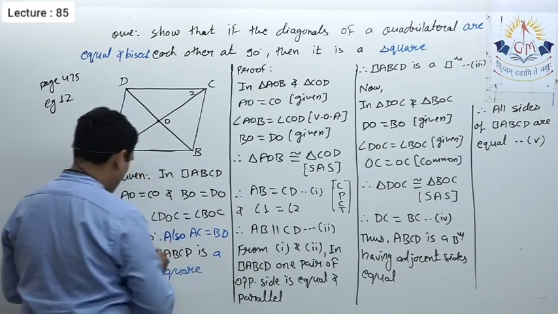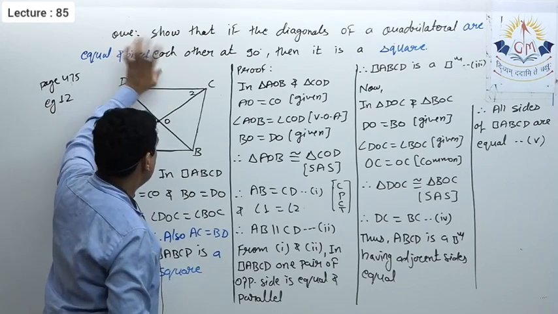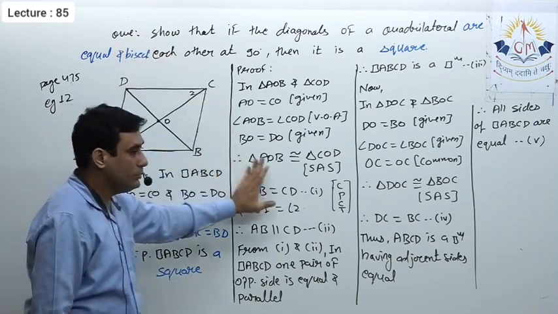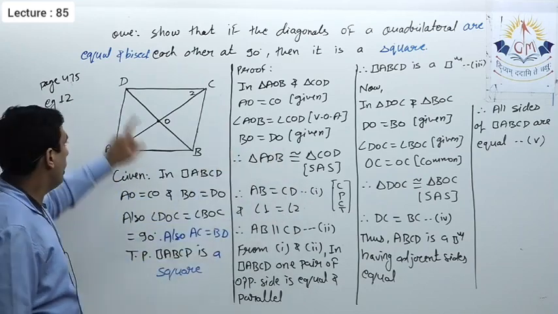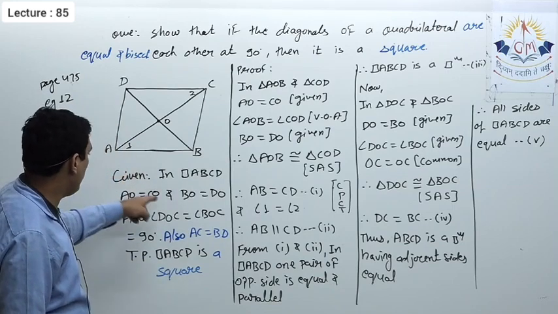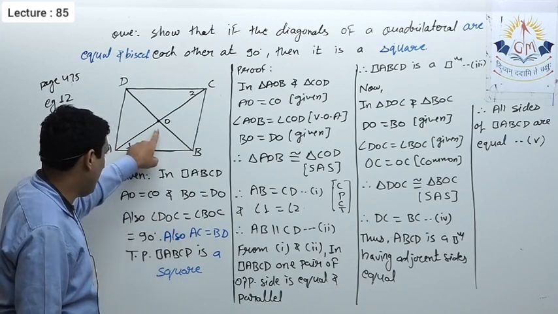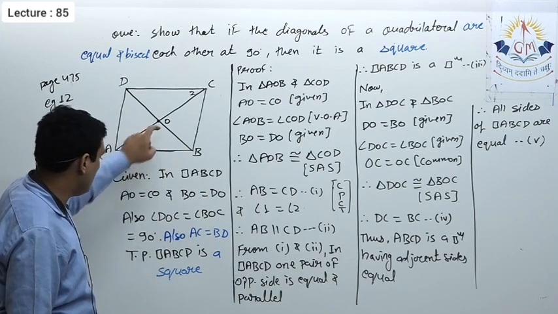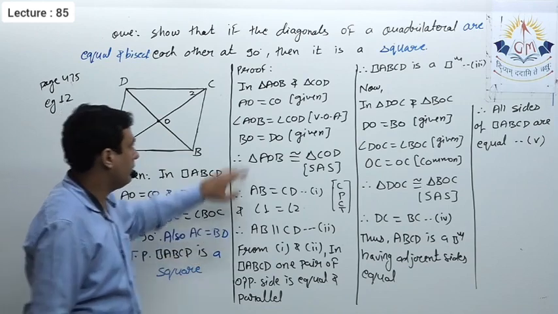I intentionally use different color markers so that you can see what the changes are in the solution as compared to the previous question. Over there we had to prove rhombus, here we have to prove square. Over there it was given that diagonals bisect each other and are perpendicular to each other. Here one piece of information is added, that diagonals are equal also.